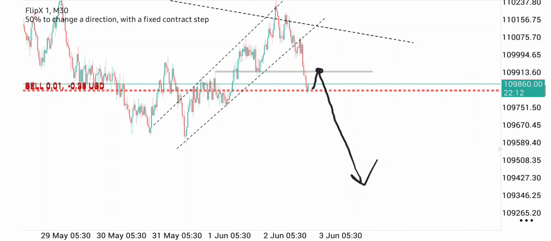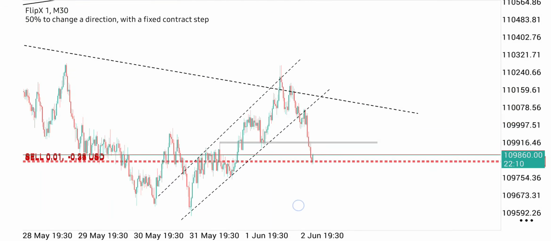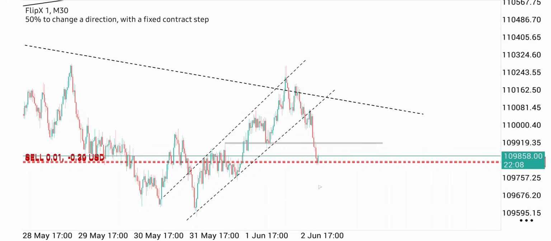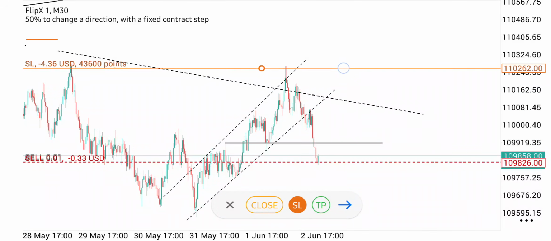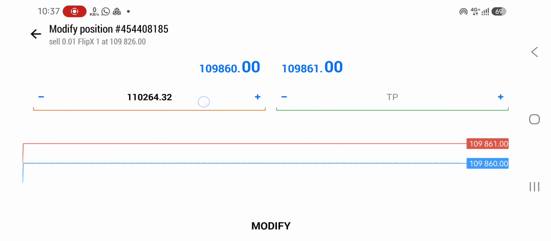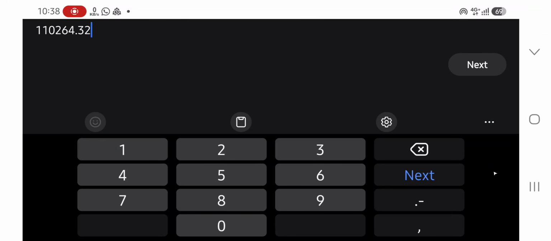Then our stop loss is 110498.42. This is our stop loss.